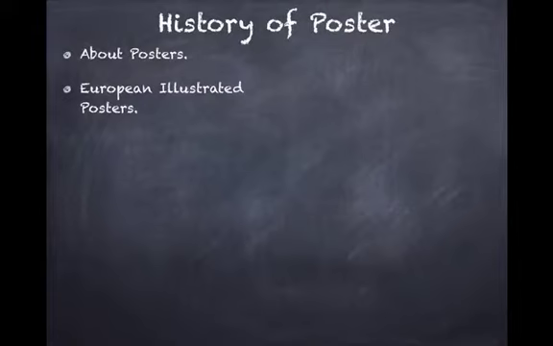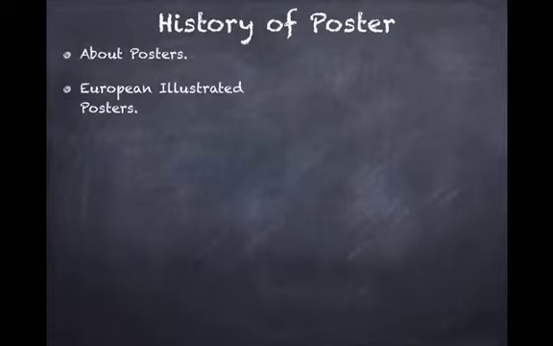Most posters contain text and graphic elements, but sometimes they could contain only text or graphics. A lot of the time, text is used in the poster to tell information, and graphic is used to attract people's attention to see the poster.